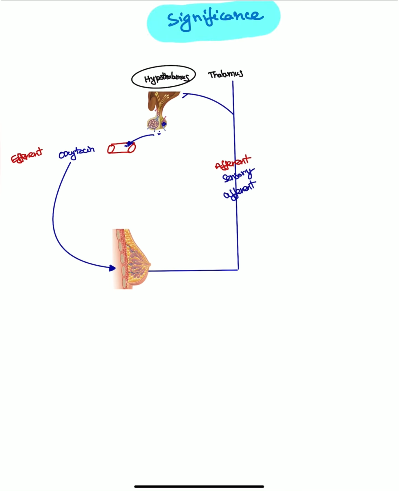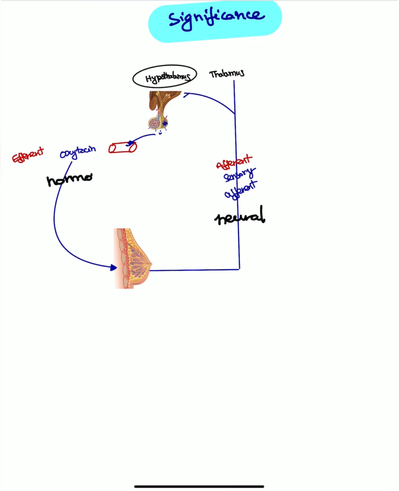Now what is the significance of this reflex? Generally in any reflex, both afferent and efferent limbs would be neural. But here, afferent is neural, whereas the efferent is hormonal, that is, it is mediated by oxytocin. So that is why it is called a neuroendocrine reflex.